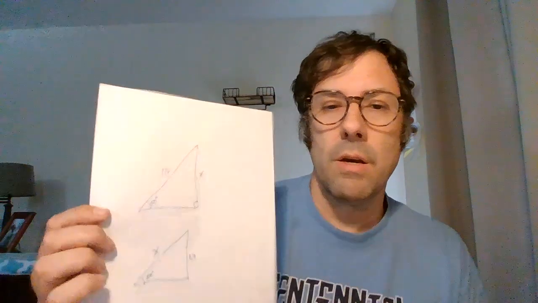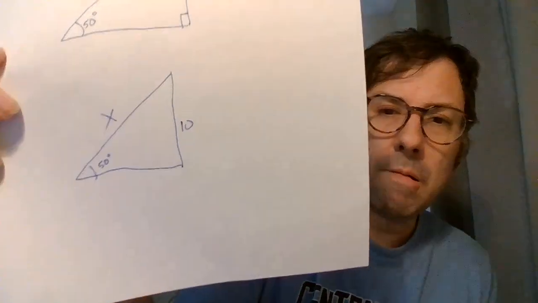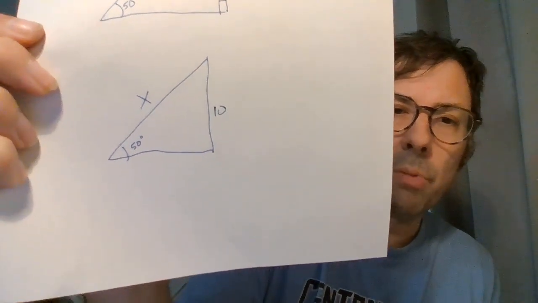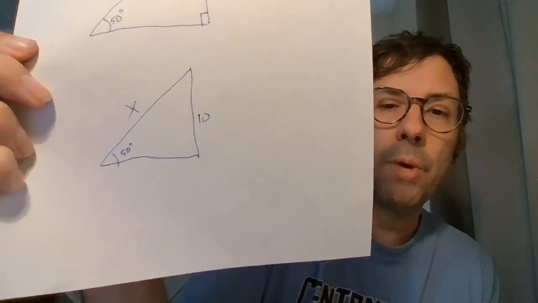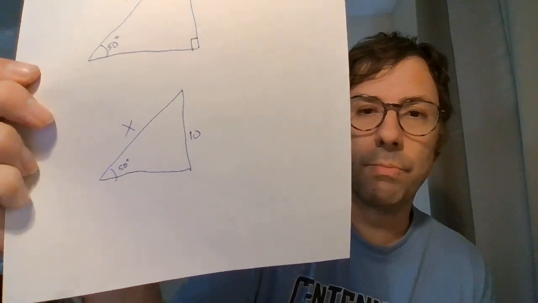Now, what if you have a similar question where you have a side and not the hypotenuse? So we're going to take the angle of 50, and we're going to put it opposite the 10. So the 10 is now the opposite side, and we need to know the hypotenuse.